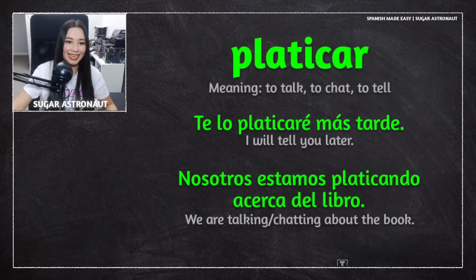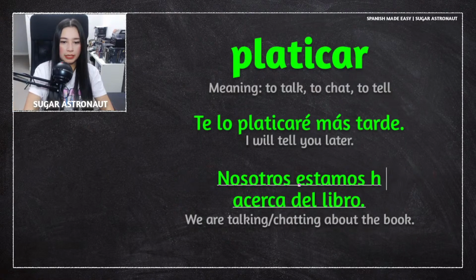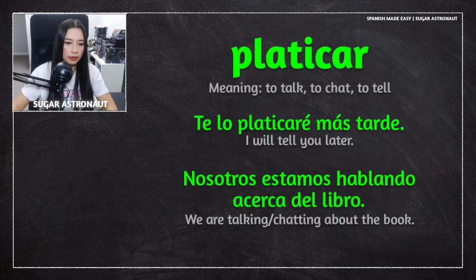So platicar is a bit trickier because it can mean to tell, to talk, to chat, okay? Nosotros estamos platicando acerca del libro. This one can be replaced with hablando. Nosotros estamos hablando acerca del libro, and that works, okay?